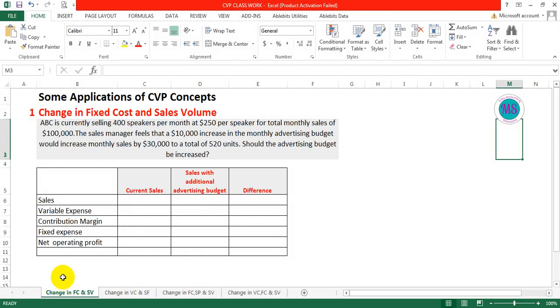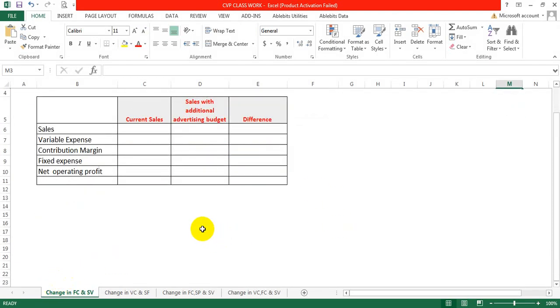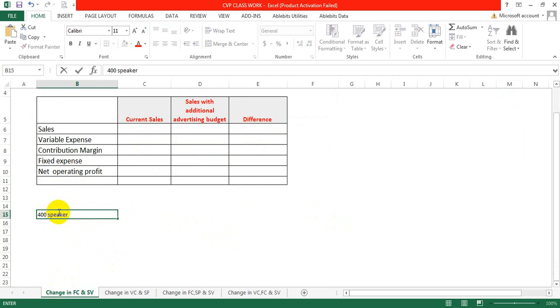Now, in the previous work, meaning in our introductory lecture, I made a number of contribution margin income statements on different levels, right? On 400 and other levels, and there they had taken 400 speakers.